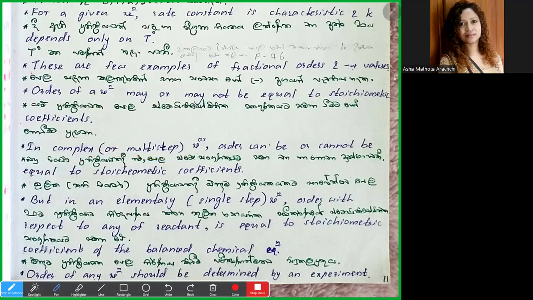Okay, so multi-step means there are a couple of steps in the mechanism. So let's write: in complex or multi-step reactions, order can be or cannot be equal to stoichiometric coefficients.